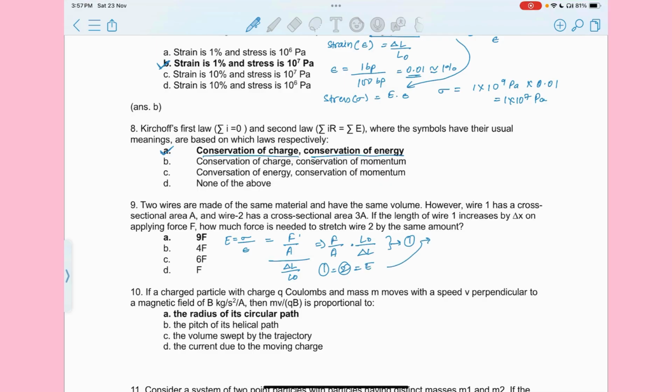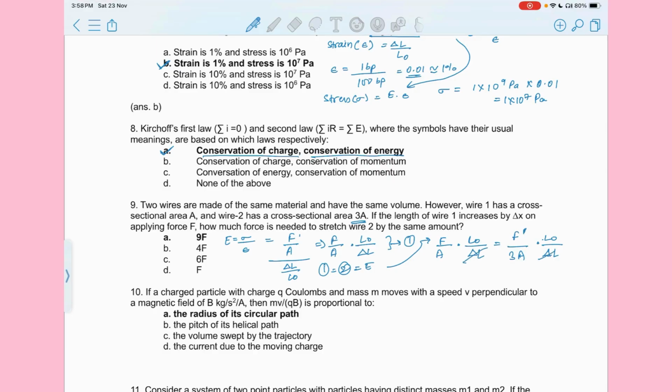It can be written as F upon A into L naught upon del L equal to F dash, say, for the new force which we need to find out, upon the area of cross section, which is becoming 3A, into L naught upon delta L.